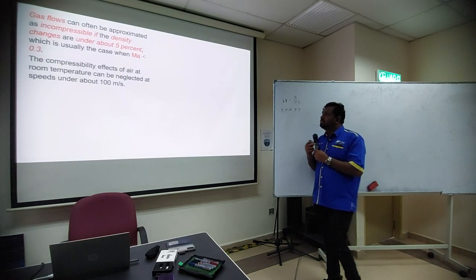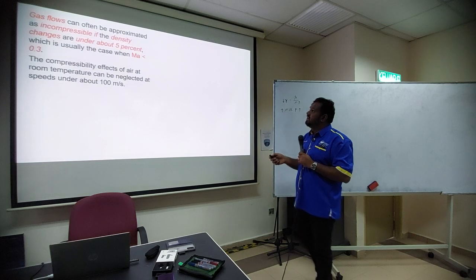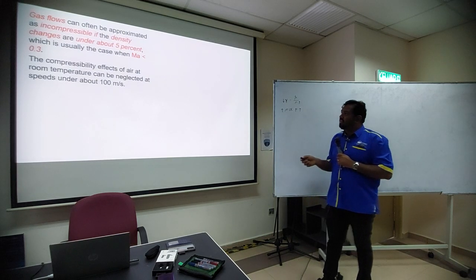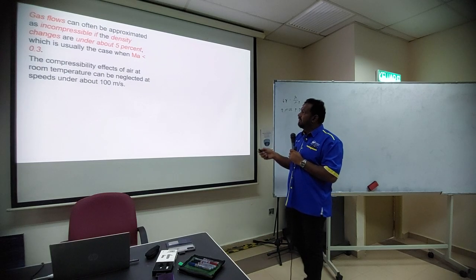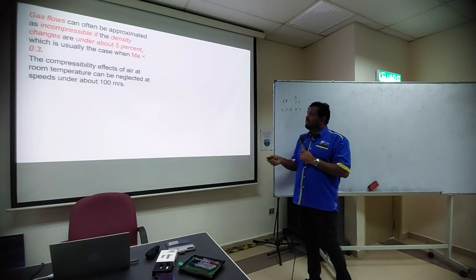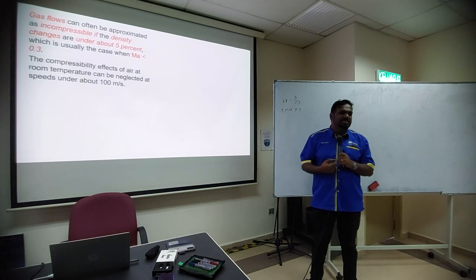Okay, gas flows can often be approximated as incompressible if the density changes are under 5%, which is usually the case when Mach is lesser than 0.3. So the gas flow is incompressible if the change in density is less than 5%.